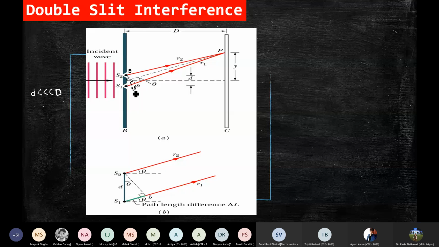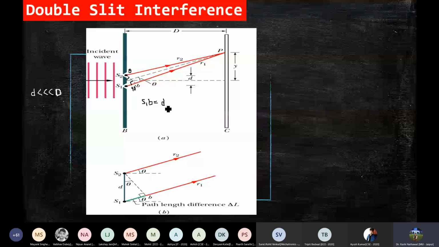So can you tell me what will be the S1B? Yes, d sin theta. Very good. This will be d sin theta. So sin theta will be S1B over d. That we know. Fine.